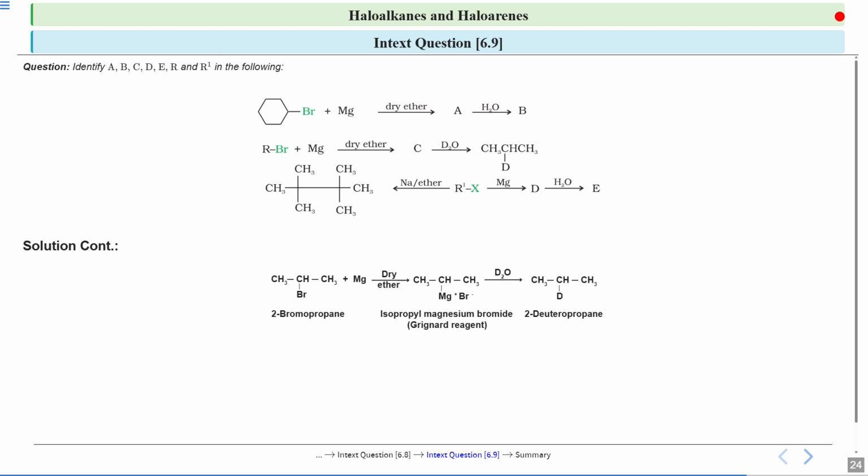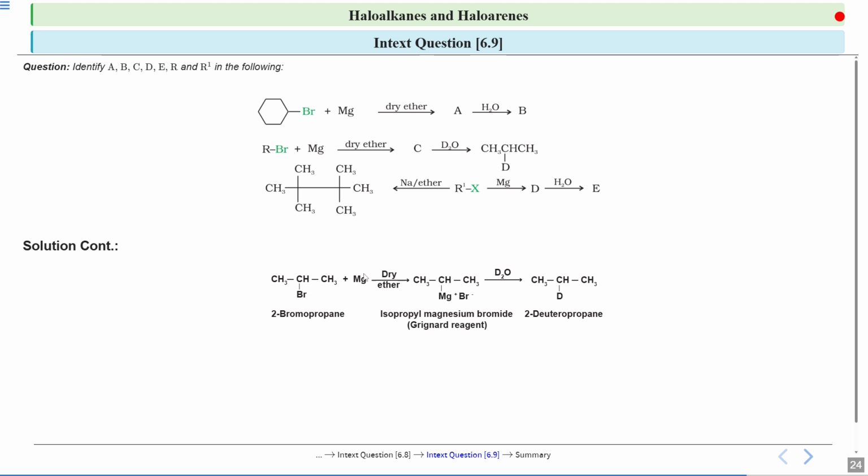Now, when you see the second reaction, where this RBr, your R is basically this propyl group, CH3, CH, CH3, and this alkyl halide is 2-bromopropane. When it reacts with magnesium in the presence of dry ether, you get a Grignard reagent.